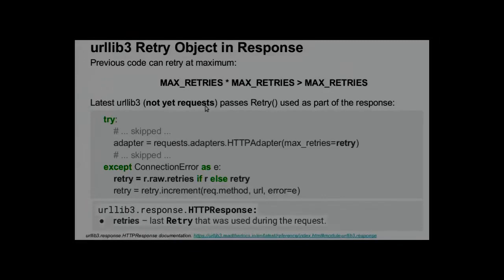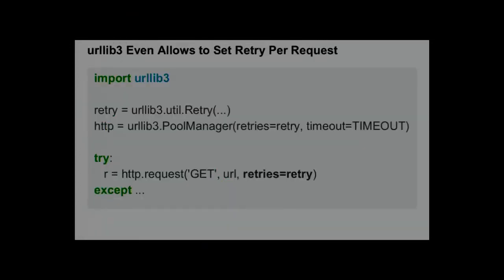But in newer urllib3, I found that it actually outputs the retries object to use along with the response. So you can just take it from there and use it in your loop and your try block. Then you won't have this problem. But unfortunately, with requests, it's still not possible. But when they upgrade to the new embedded library, it will be better.